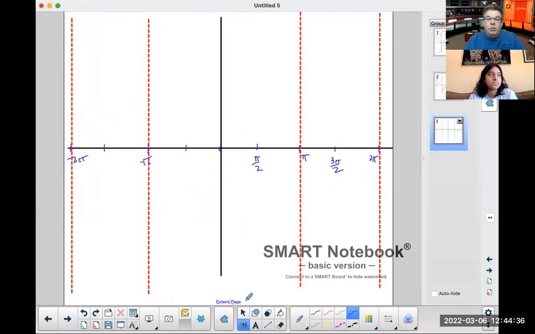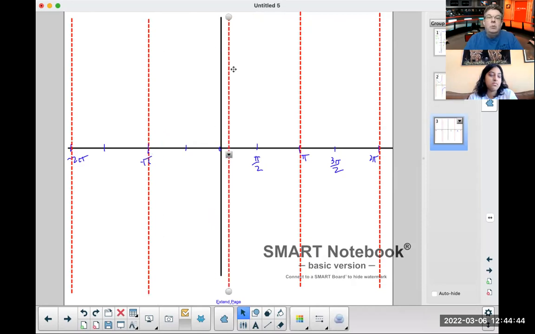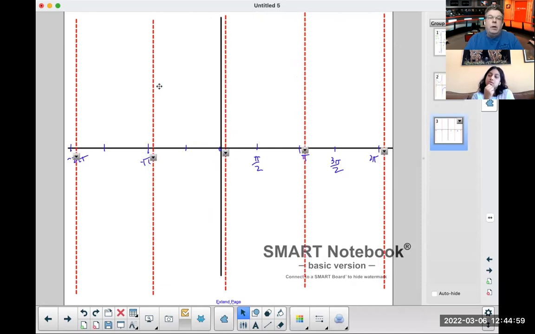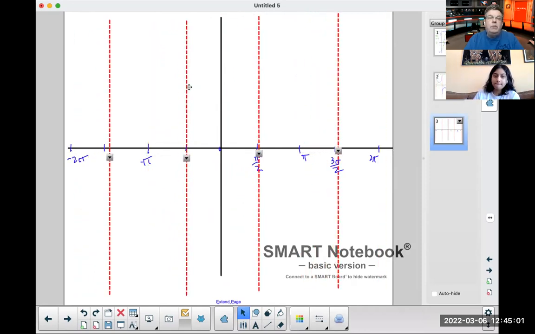All I'm doing is moving these guys. I'm going to a lot of trouble when I could have just sketched the thing from scratch, but I wanted to emphasize the shift. It's just a shift, isn't it? Right?